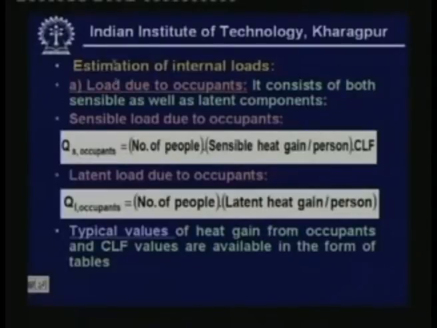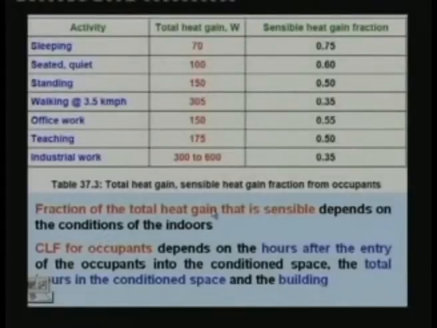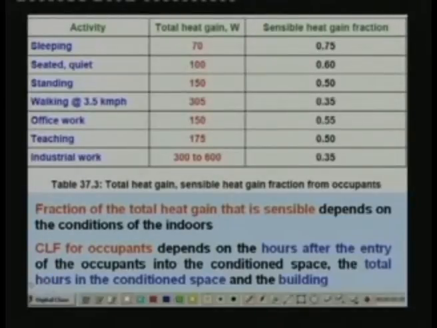Let me show a simple table. This table shows the total heat gain per person as a function of activity, for different activities. So, this is the activity, this is the total heat gain per person, 70 watts per person, 100 watts per person, like that, and out of this, what fraction is in the form of sensible heat and what fraction is latent heat.